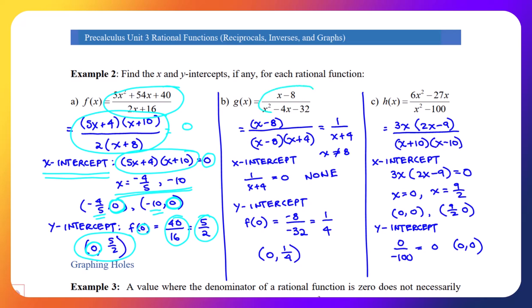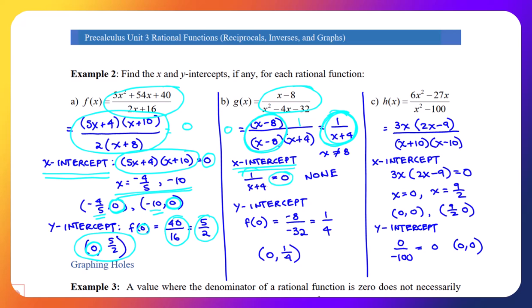Here we factor, and something reduces out. And so here's what we have left. To find the x-intercept, y is 0. For the y to be 0, the top has to be 0. After we have the hole, I have 1 over x plus 4.